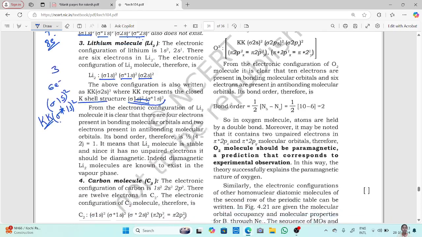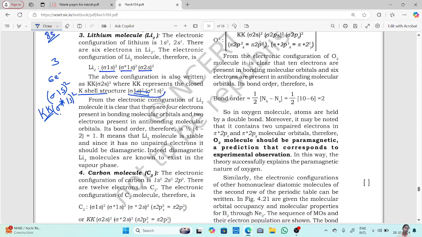Now if I want to find the bond order, how will it be? Bond order is equal to the number of bonding electrons, total 4 electrons are involved in bonding, right? 4 minus how many? 2 are there in antibonding, divided by 2.